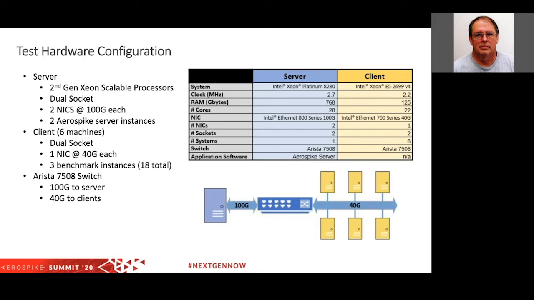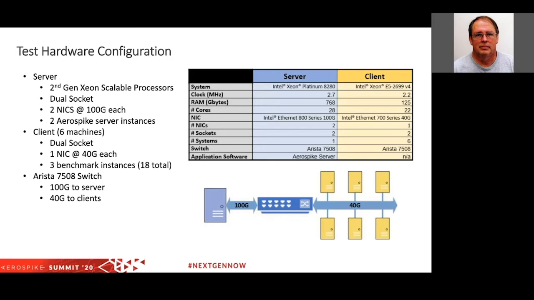It was a dual socket, dual NIC setup. These are second generation Xeon, also known as Cascade Lake, processors, with a 100 gig connection to the switch on the server, and then there were 6 client machines running.